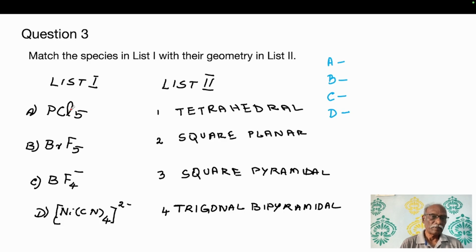See, first PCl5 we shall take. Phosphorus belongs to the 15th group. It has 5 valence electrons. 5 fluorine atoms are connected, so all the valence electrons are involved.